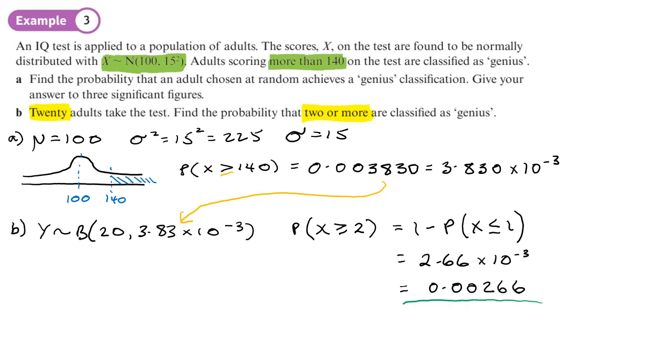So just to recap on that second one, 20 adults take the test, so that's our N. The probability of success, probability of being a genius, well, that was what we worked out in part A. We want to find a probability that 2 or more are classified as genius. We'd expect it to be quite low. So we have to do 1 minus the probability of less than or equal to 1 if we want to find 2 or more out of the 20. So on our calculators, we can put in those figures.